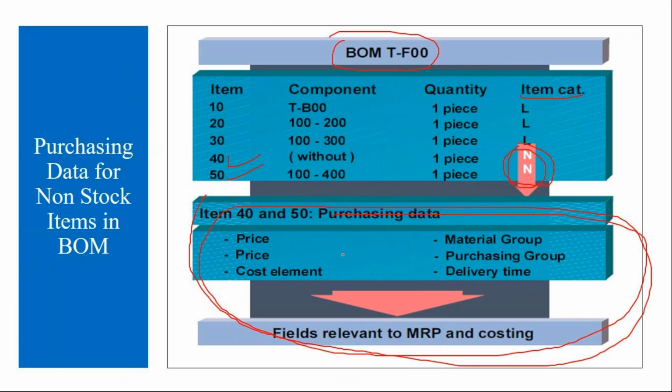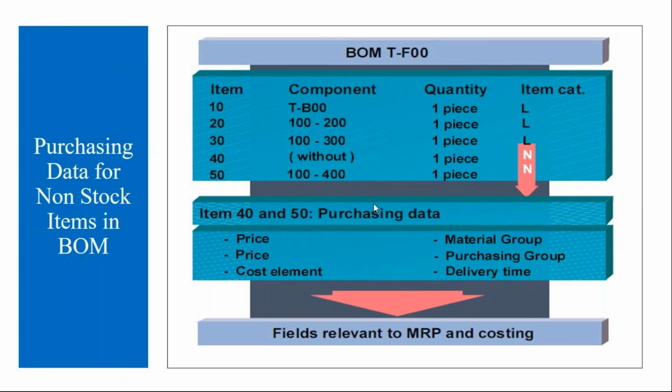Here we need to enter our purchasing data like purchasing group, plant delivery time, material group. If you know the vendor also, it will ask. All our purchasing relevant data we need to enter into the PP BOM. So this is the integration point. Now let me show you this.